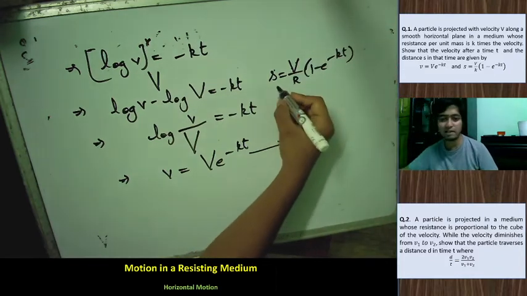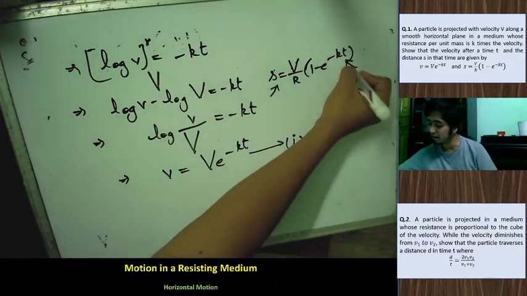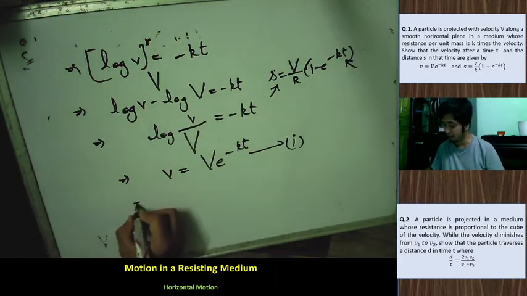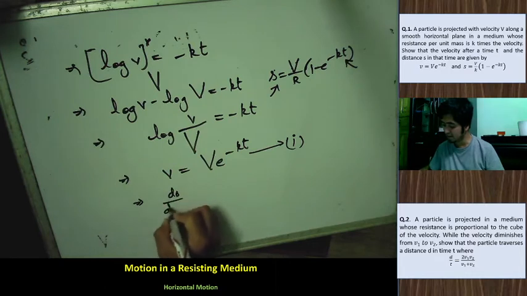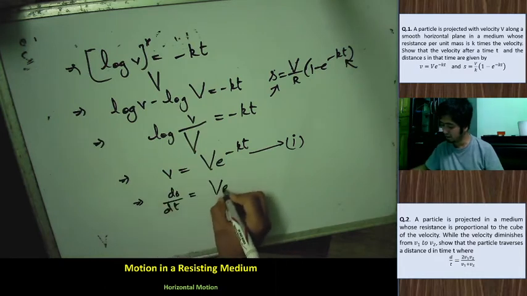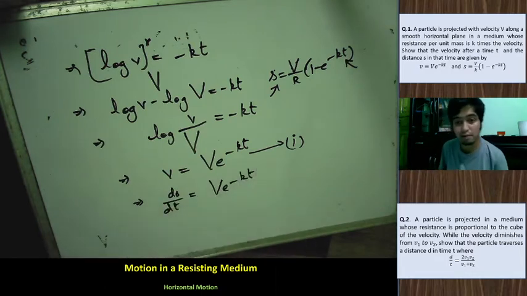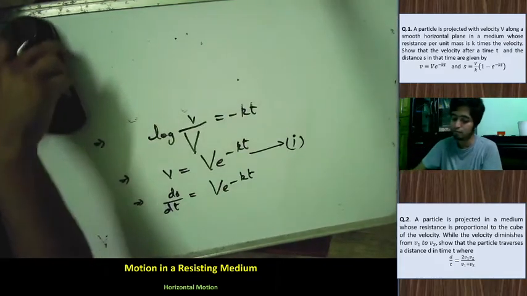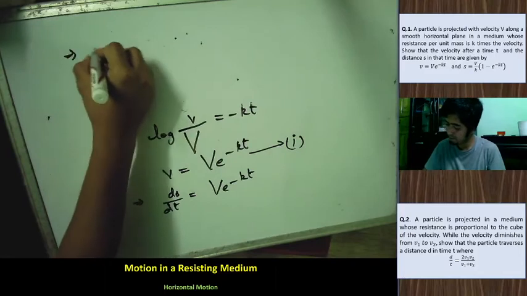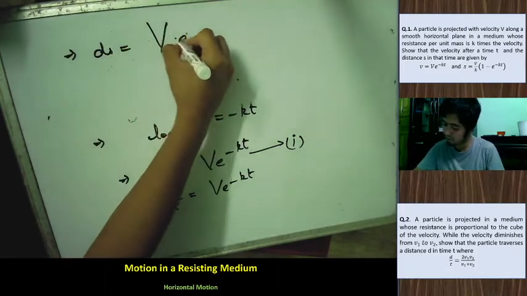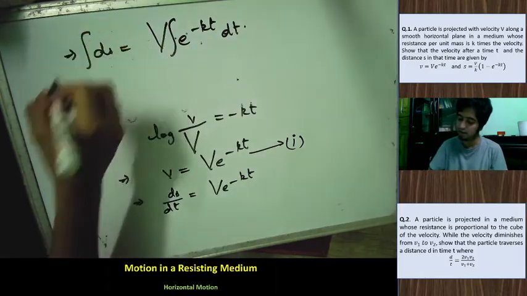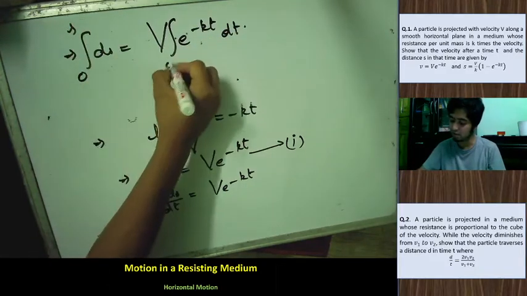So this one is a relationship between s and t. How will I do it? I have found out v. v, I can express it as ds/dt. So now again, just separate the variables and then we integrate and we are done. Integrate dt from 0 to t.